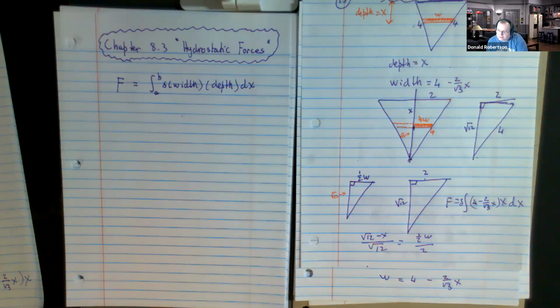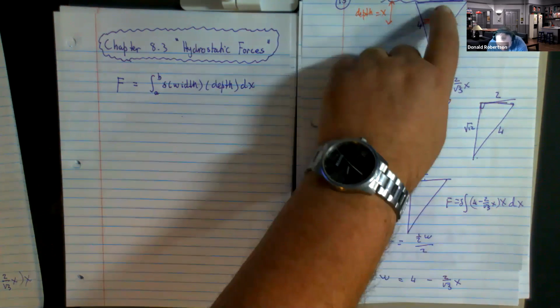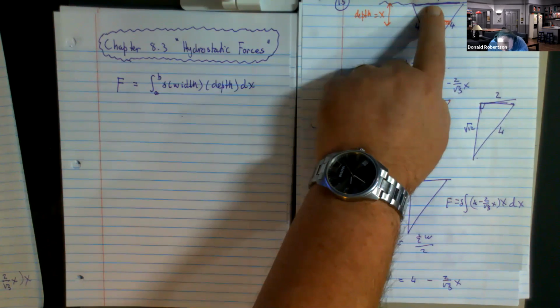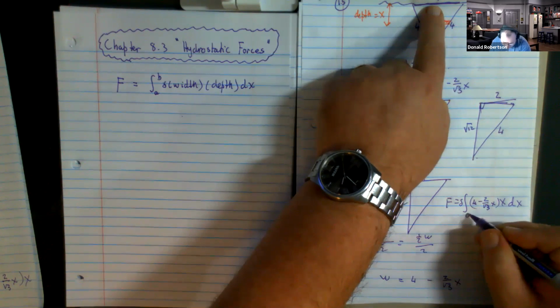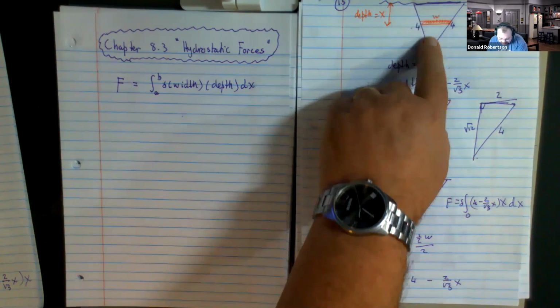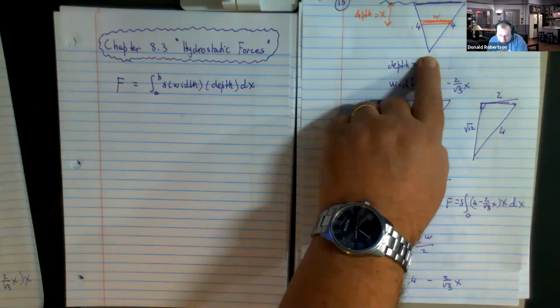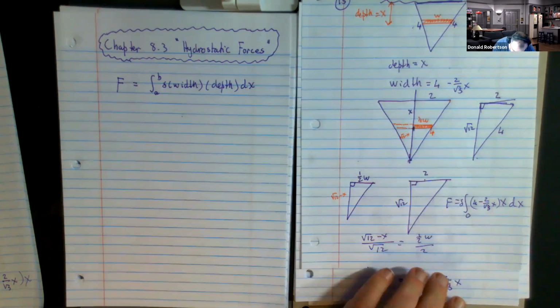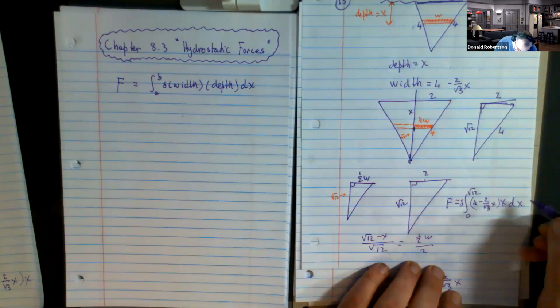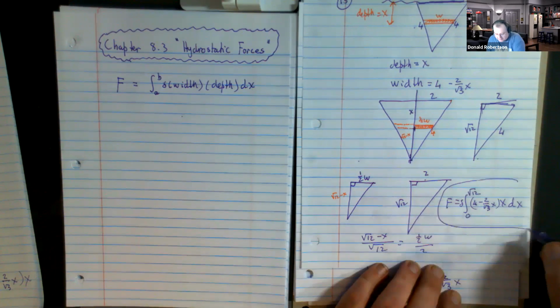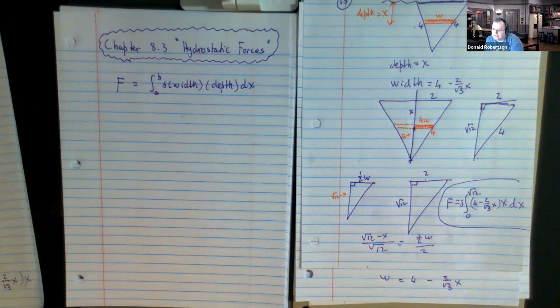So far, so good. Now, A is the value of x at the top of the shape, which is 0, and won't B be the vertical value at the bottom, which is root 12. And that's the thing that you fill in.